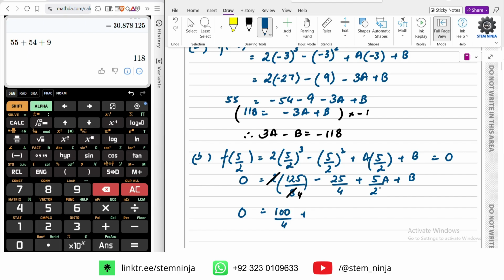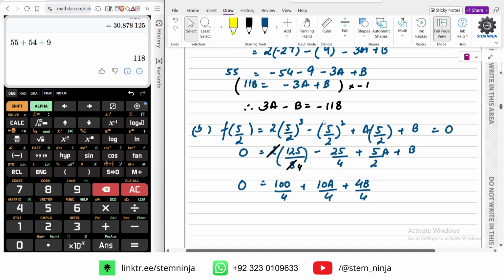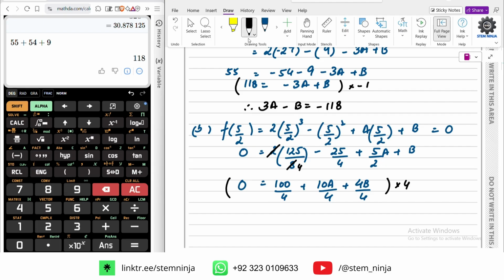So 5 times 2, 10a plus 4b over 4. Now that is equal to 0. So now we can multiply both sides by 4. So you will get 10a plus 4b equals to minus 100, which you can simplify to 5a plus 2b equals to minus 50.